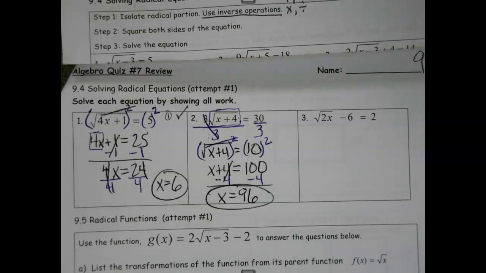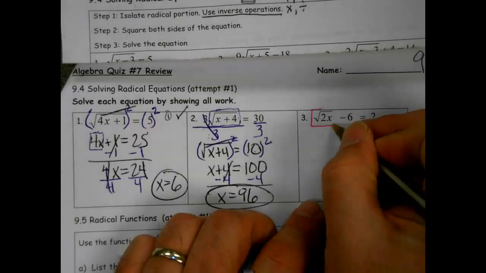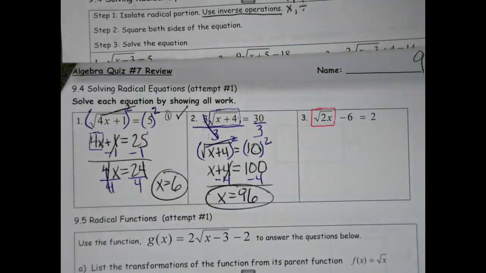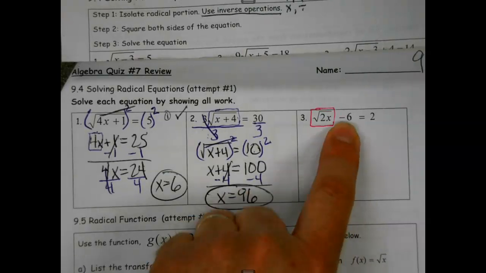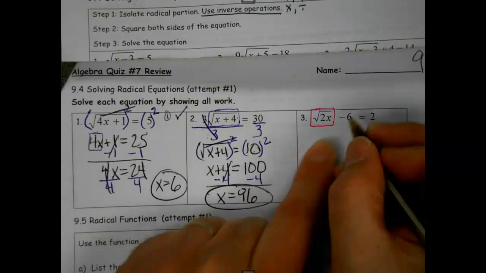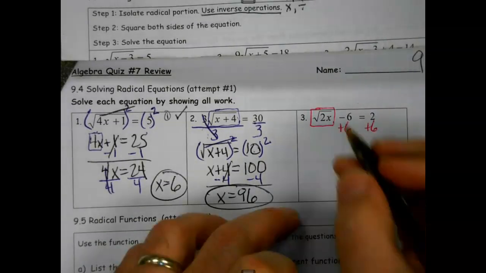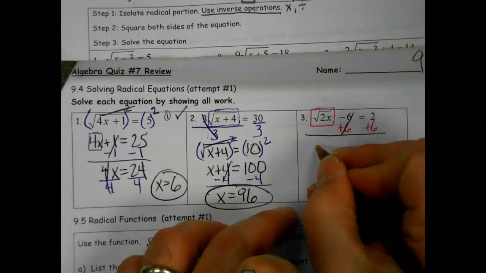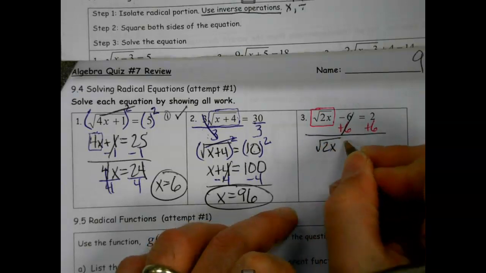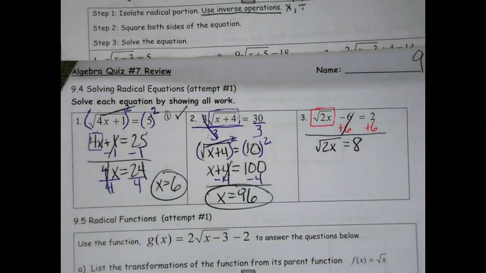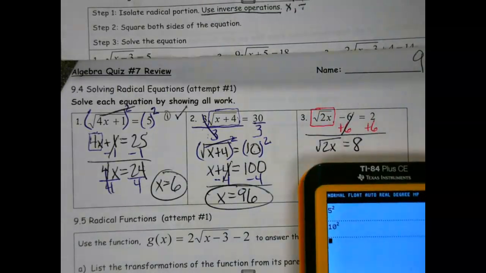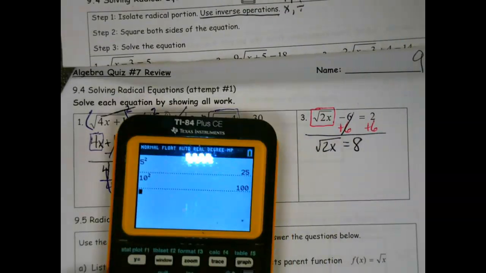And so even though it's repetitive in some ways, this is why I always talk about using colors and showing steps, because that way, when you look at something like this, you're like, oh, that's -6. I know how to get rid of that. See here.